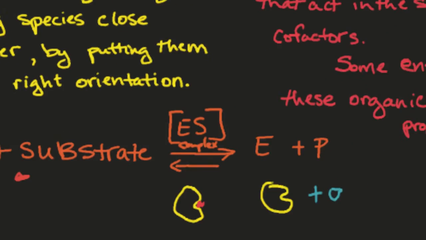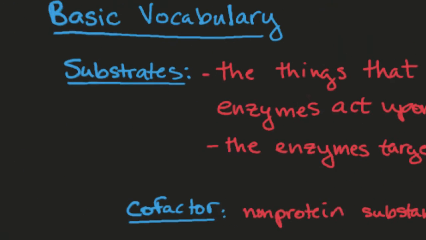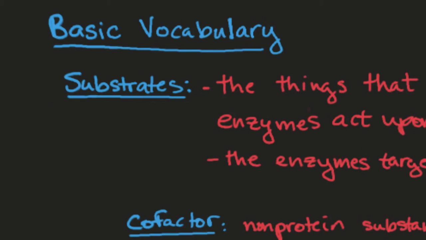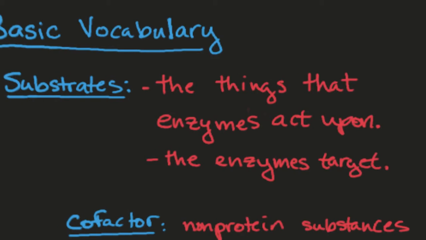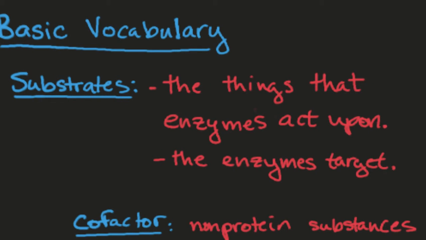Okay. So some basic terminology you should be familiar with. The substrate is the thing that the enzyme acts upon, the target, the thing that will become a product, or sometimes there's not enough energy to switch it from substrate to product, so it bounces back to substrate from that enzyme substrate complex.